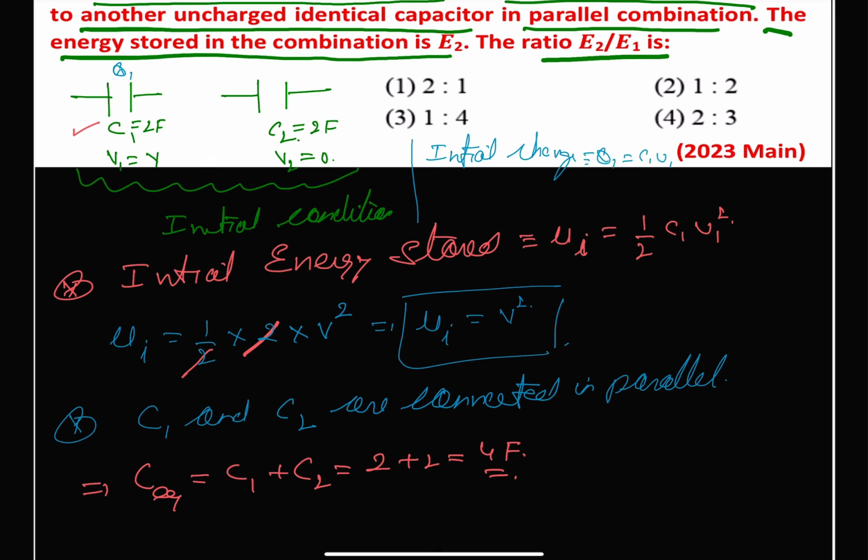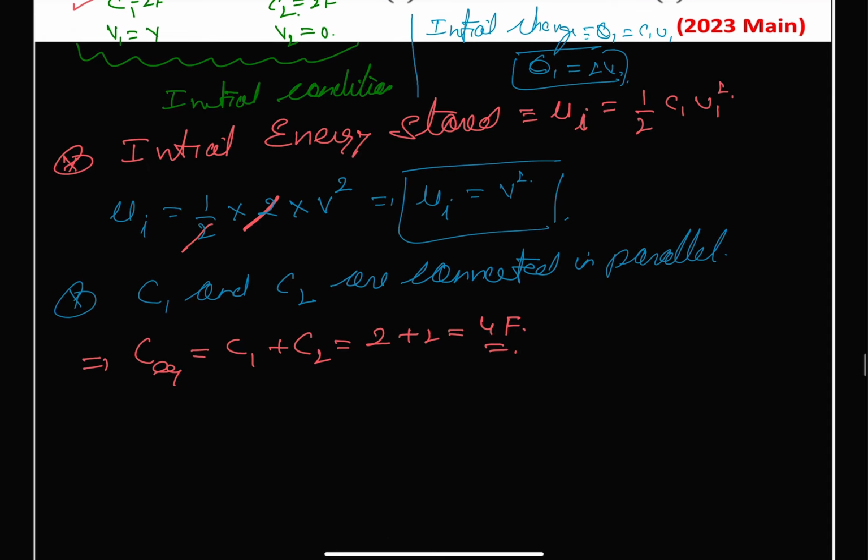So we get here Q1 is equal to 2 times V. So this is our total initial charge, because here Q2, if present, will be equal to 0. As they are connected, there is no external voltage source, therefore the charge on the combination is going to remain the same because of the charge conservation.